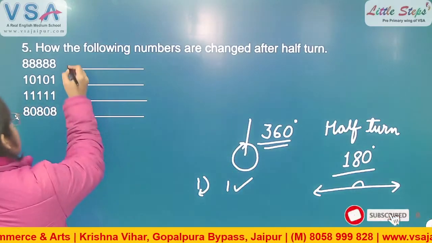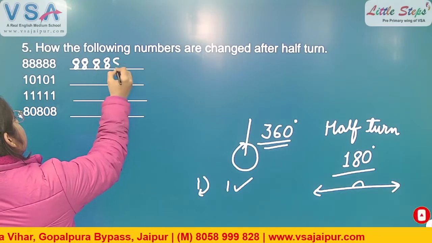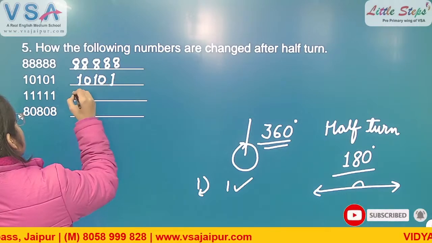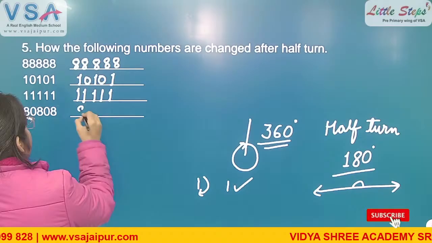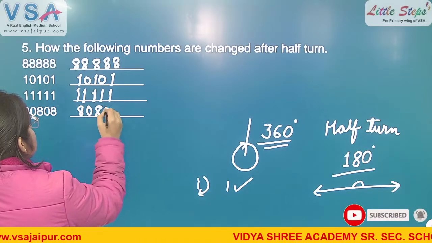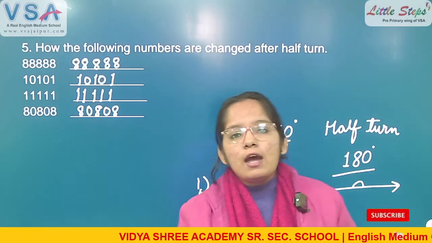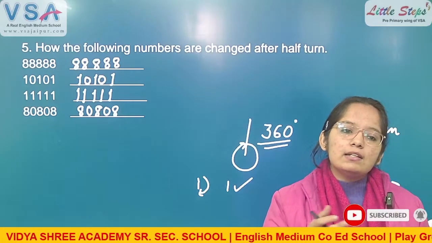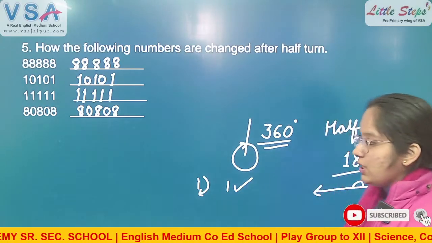So the answers will remain the same. You have to remember the concept of what is the meaning of half turn and what is the meaning of complete turn. Half turn means 180 degrees, that is a straight angle turn, and complete turn means 360 degrees, that is a complete turn of the shape.